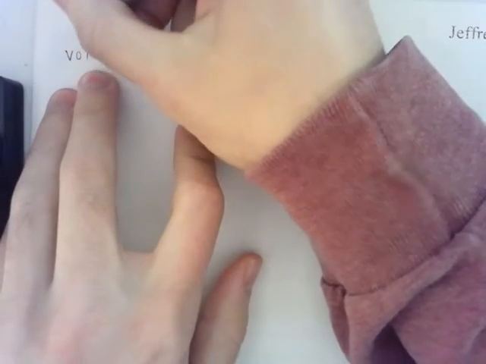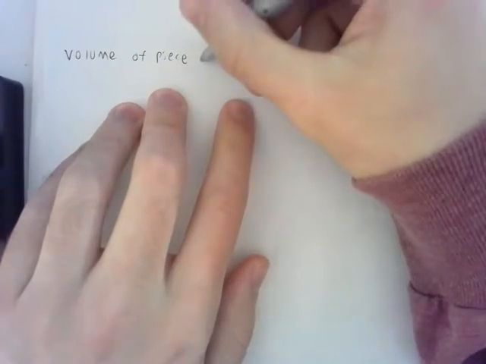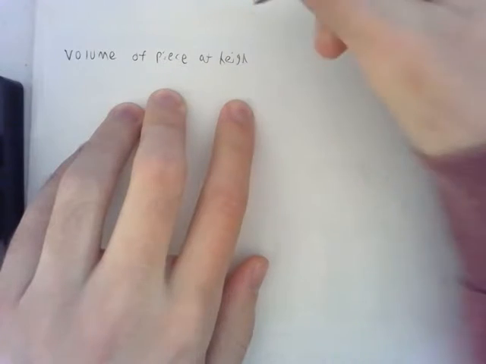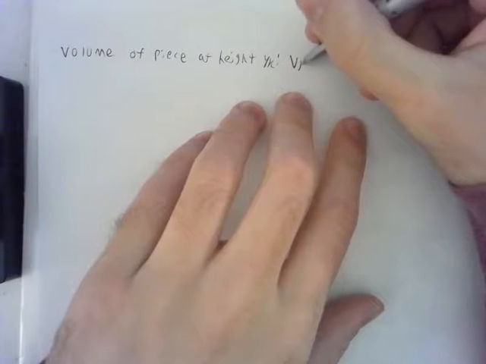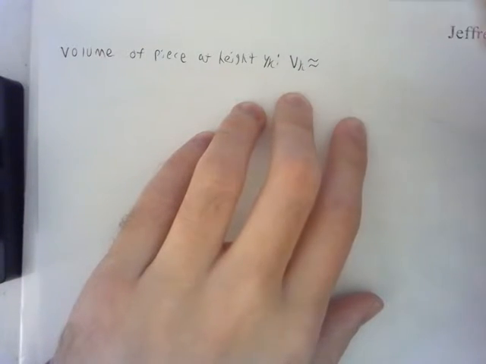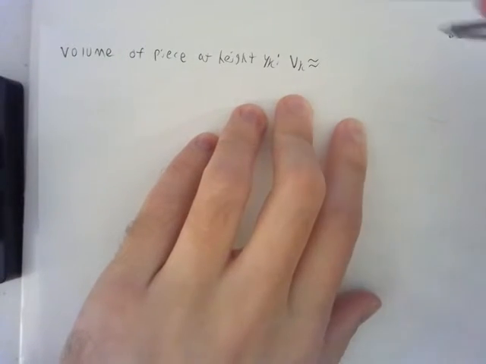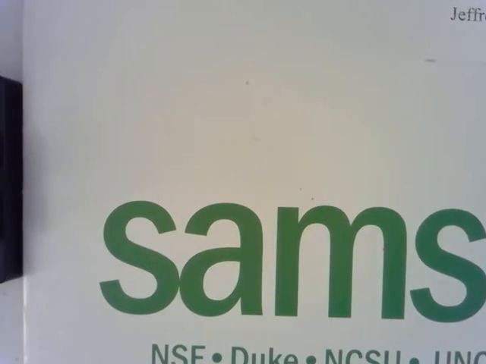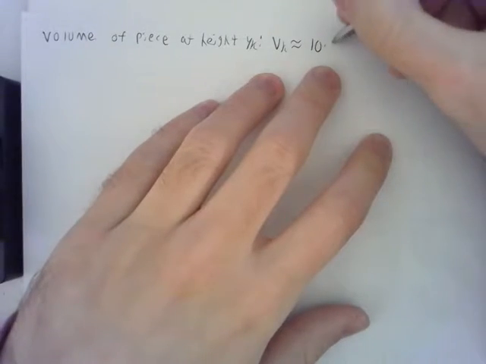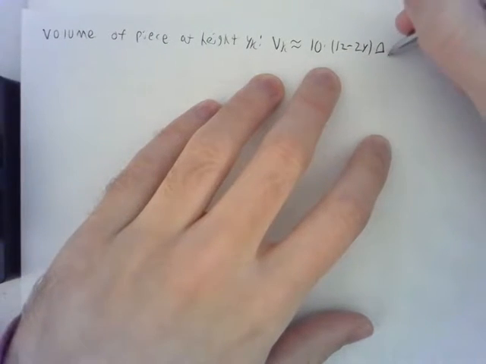So that means that the volume of the piece at height yk is going to be vk, approximately equal to 10 times x, which we found to be 12 minus 2y, times delta y.